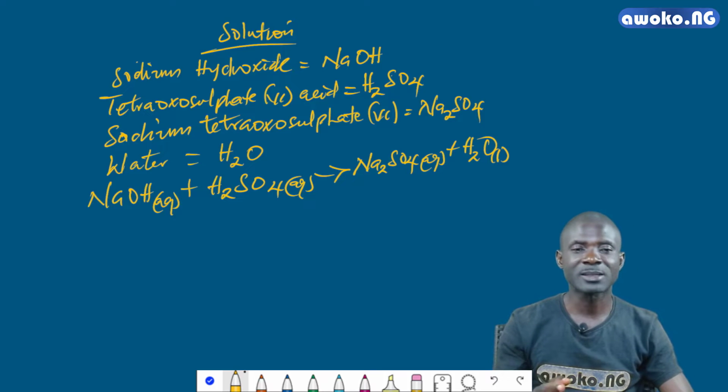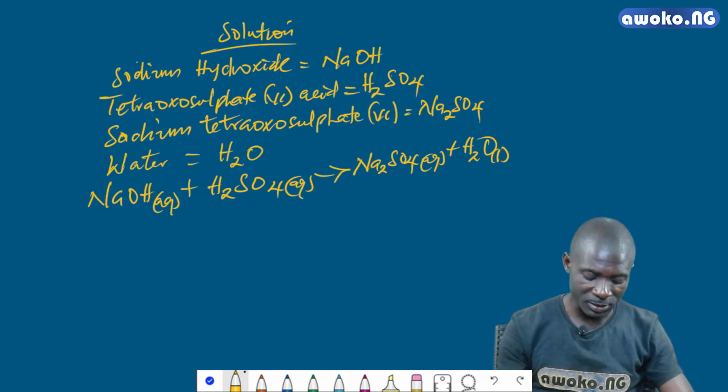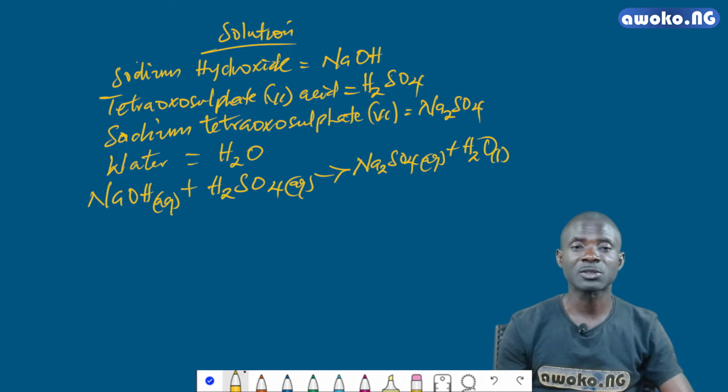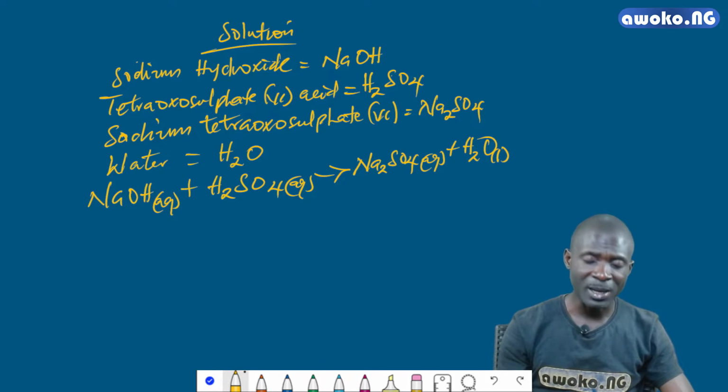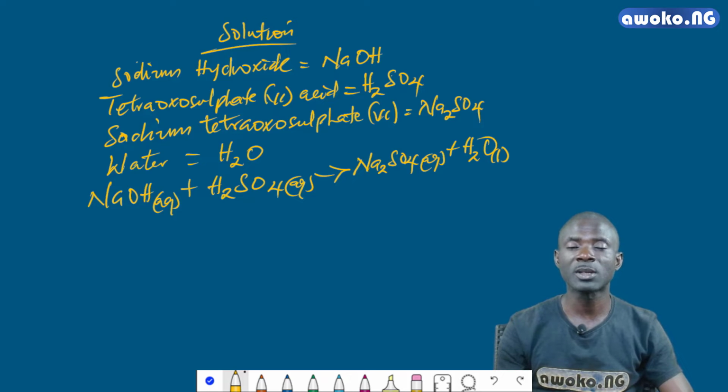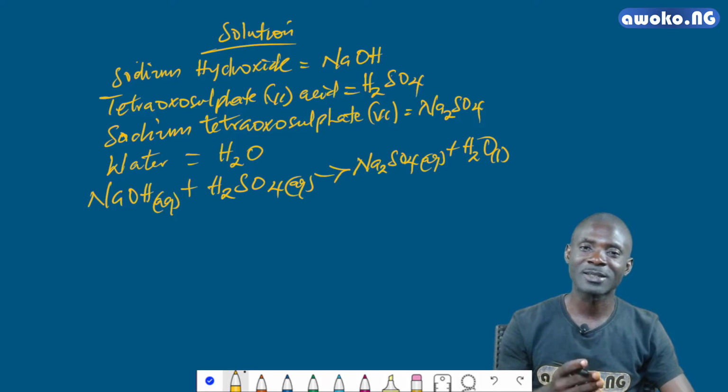Now, taking a look at compound by compound, we start with the simplest compound here, which is sodium hydroxide. Our sodium on my left hand side is made up of 1 atom, while my right hand side, it is 2 atoms. So for me to balance the number of sodium atoms, I'll simply introduce 2 moles of sodium hydroxide to my left hand side.